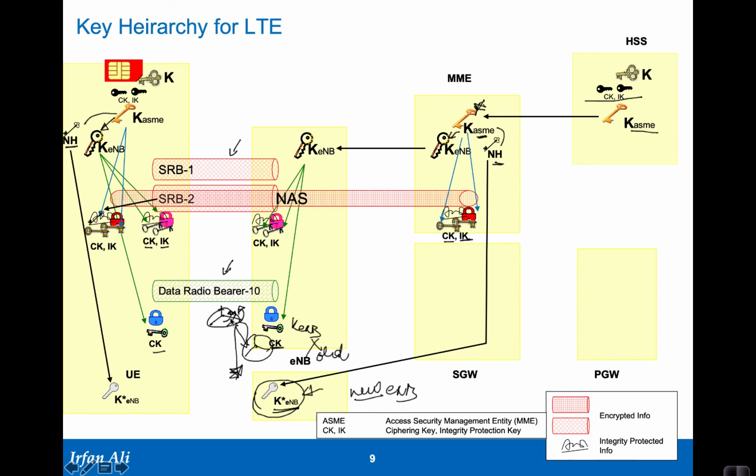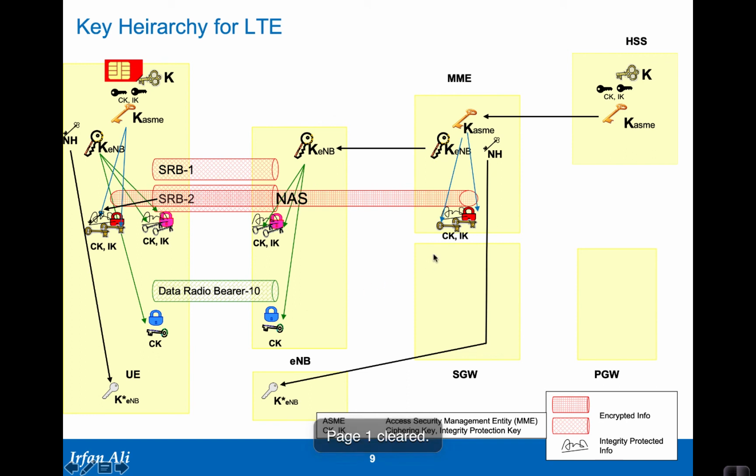So every time there is any handover, either an intra-eNodeB handover or a handover from one eNodeB to another, the keys are changing. The keys change based on the next hop key only when you do a handover from one base station to the other, and there are certain details about handover key changes that we will cover in the handover security slides coming up.